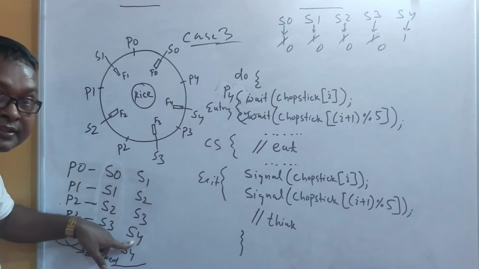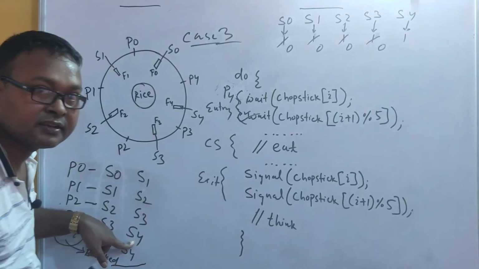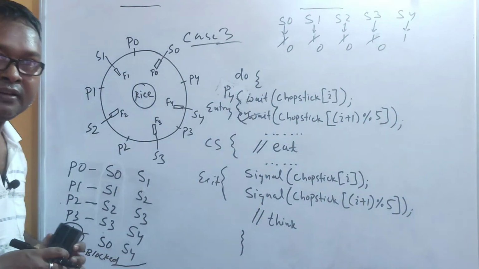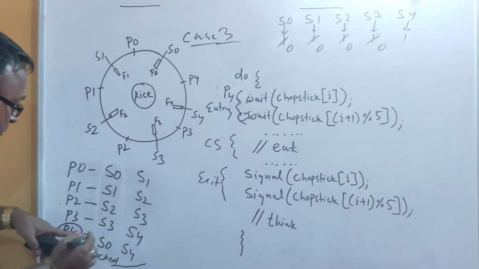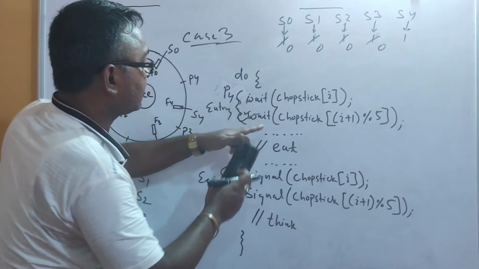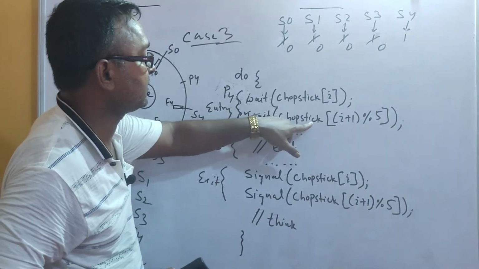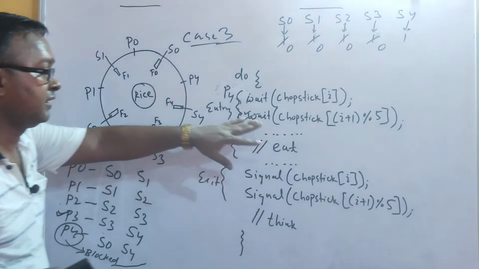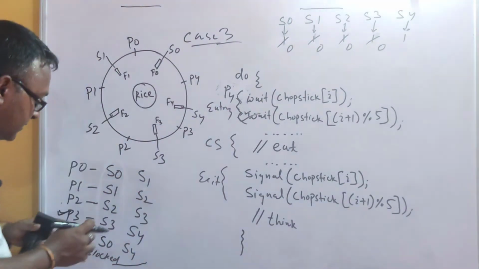Right now it can execute S4, because the semaphore value of S4 is 1. So P3 will execute this second line of code, where chopstick (I plus 1) mod 5, and it can access the right hand side chopstick also.